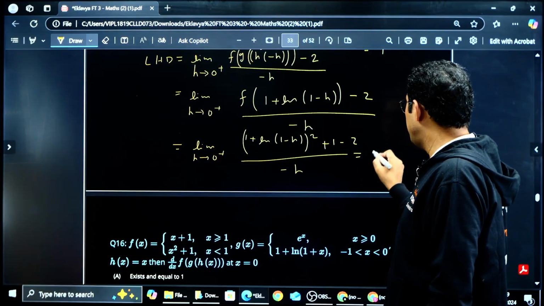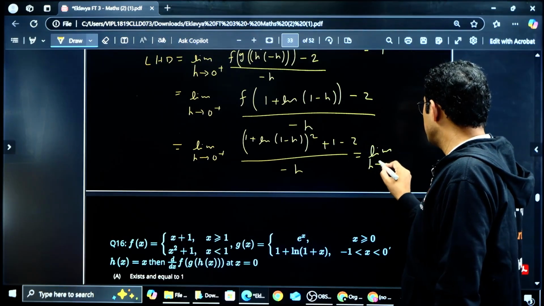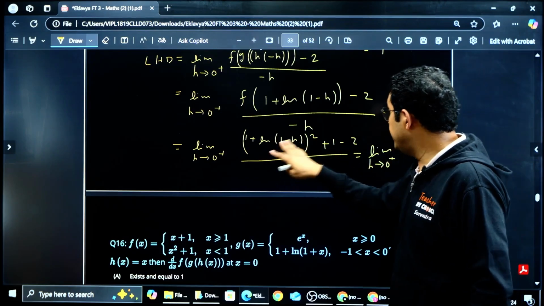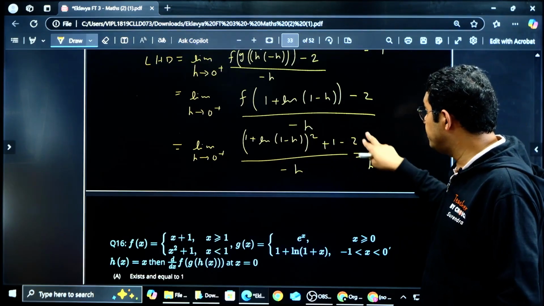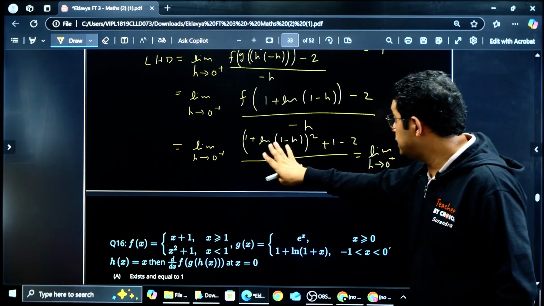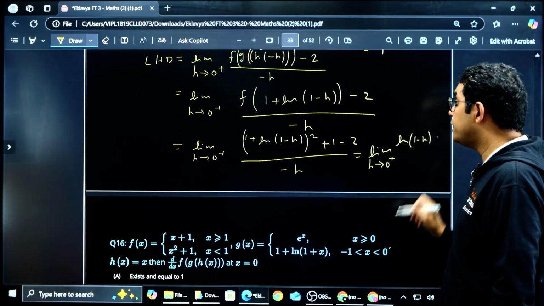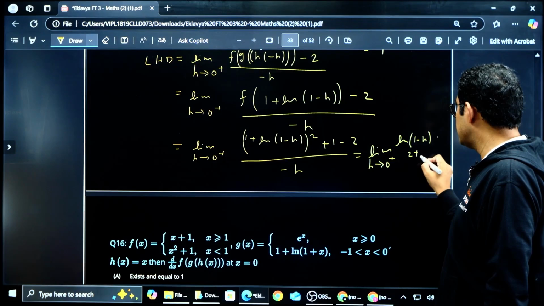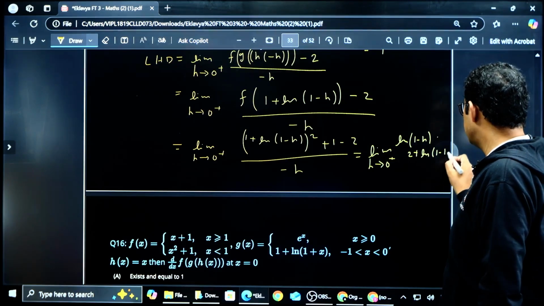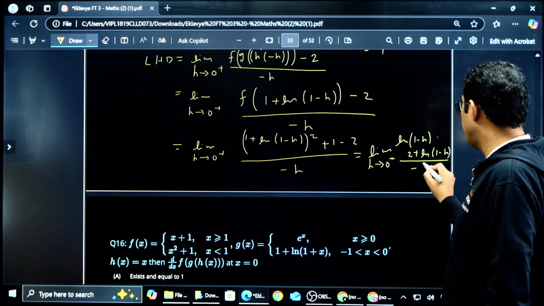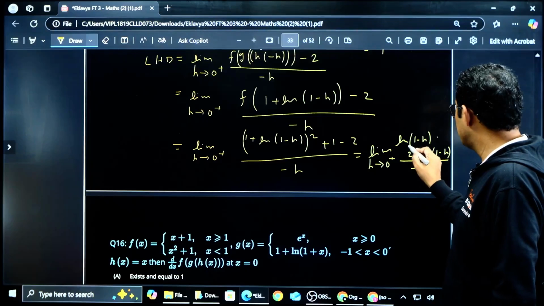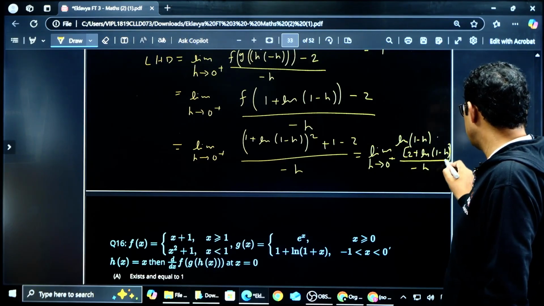So what I will do, limit h approaches 0 plus, that is a square minus b square form, where it is minus 1 here. So this minus this will be ln of 1 minus h in one bracket, and the other bracket will be 2 plus ln of 1 minus h, in the numerator, divided by minus h. These two things are multiplied here.